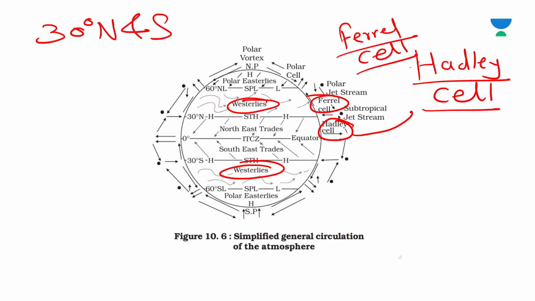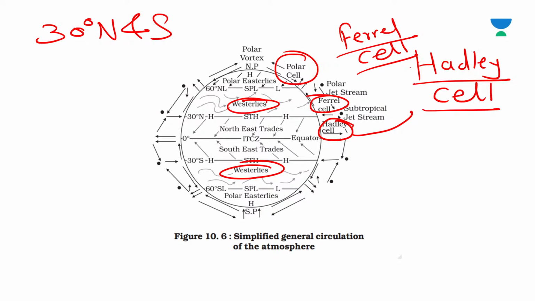Now, at polar latitudes, the cold, dense air subsides near the poles and blows towards middle latitudes as the polar easterlies. Now, this is called the polar sail.